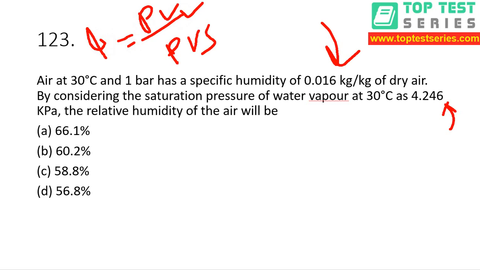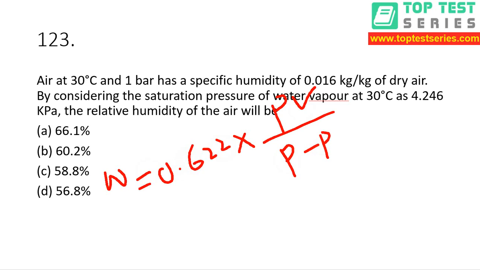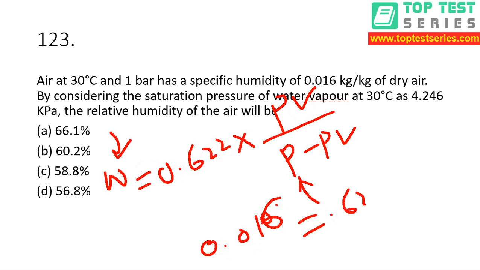By using the formula: specific humidity omega is equal to 0.622 PV by (P minus PV). In this case, my dear, we know the value of omega, that is specific humidity. We know the value of P. So we put in all the values and try to solve it. 0.016 is equal to 0.622 multiplied by PV divided by (P minus PV).